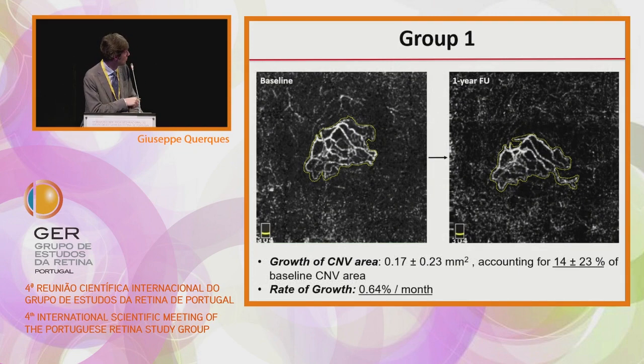This is the way this quiescent neovascularization appears and can be detected on OCTA, and this is a 1-year follow-up. It seems there is not much change in the size, and indeed the rate of growth is less than 1% per month, so very little growth over time.